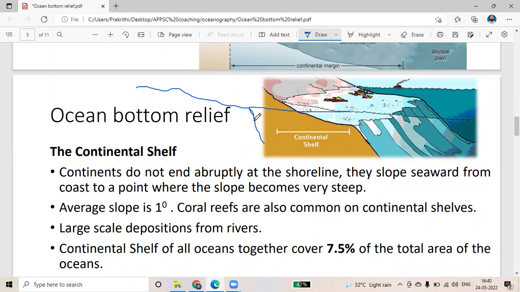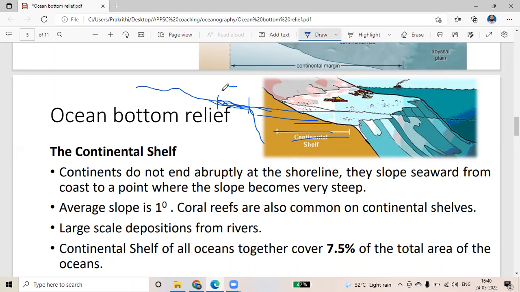The water comes further ahead. This is the entire ocean region and the water has come this far. So what will happen? There will be a land extension. The land has its own extension into the sea.